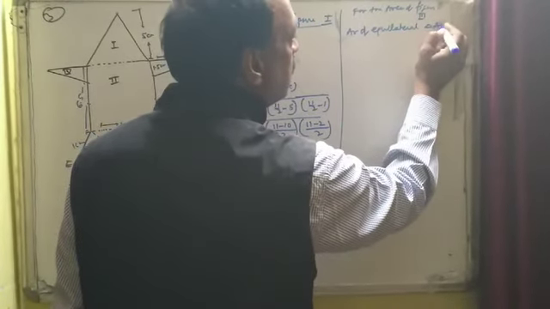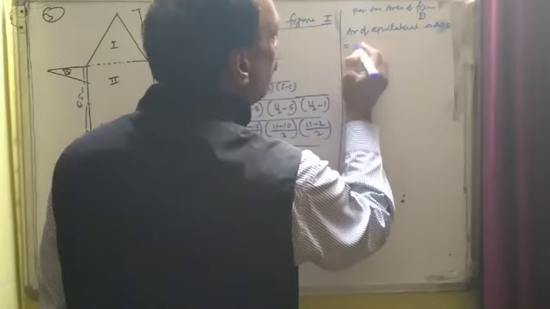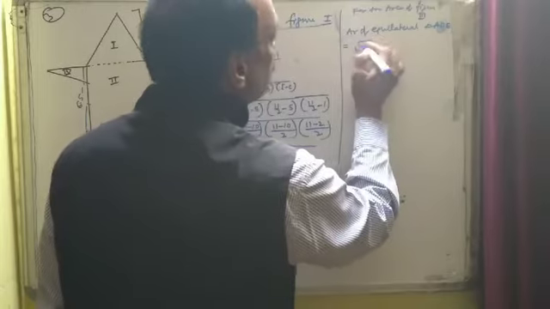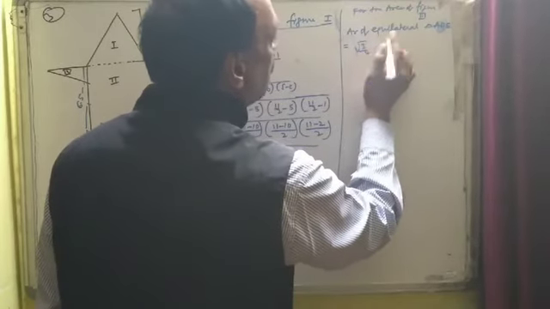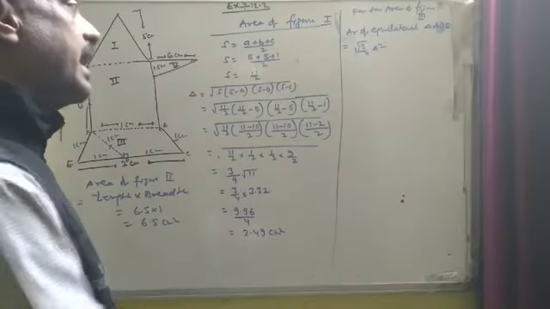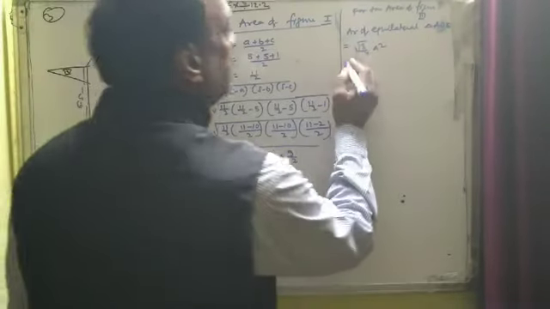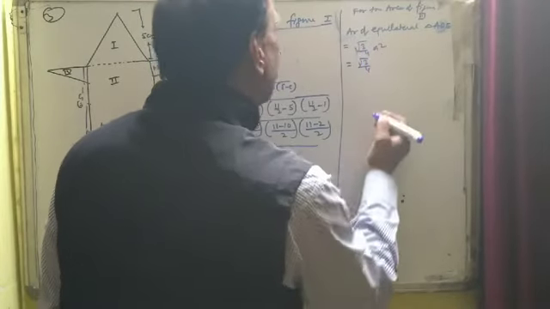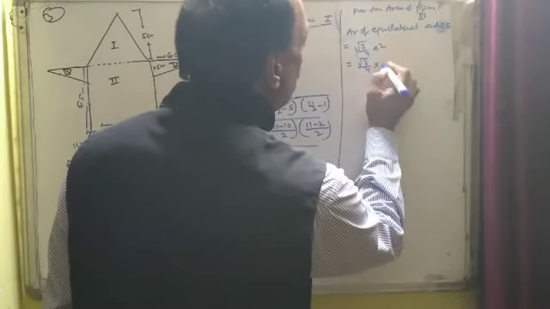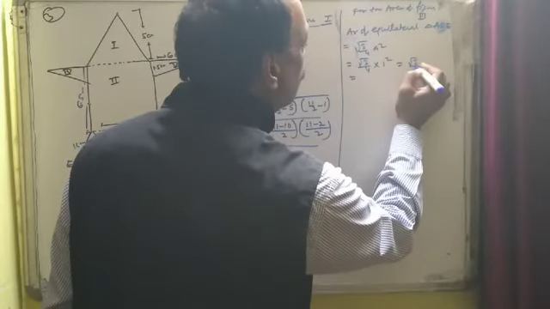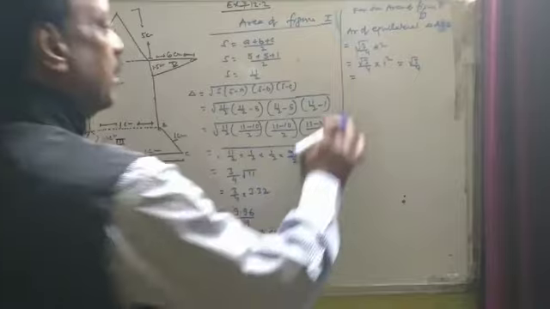Formula is root 3 by 4 a square, where a means side. So this is the formula to find out the area of an equilateral triangle, and just use this formula, root 3 by 4. Side is 1, so 1 square. It will give us root 3 by 4. So this is the area.